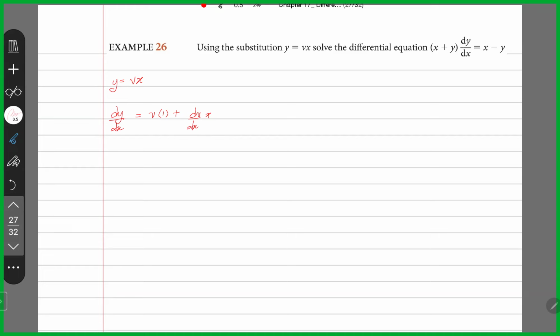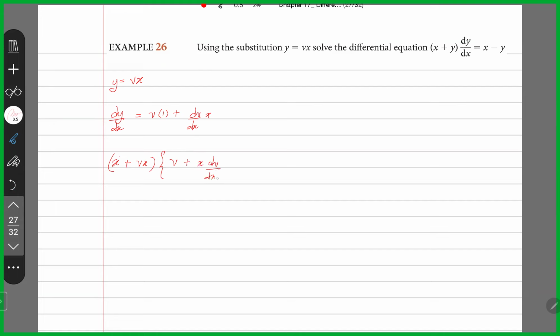All right, so substituting y and dy by dx, we get x plus y, which is vx, into dy by dx, which is v plus x dv by dx.